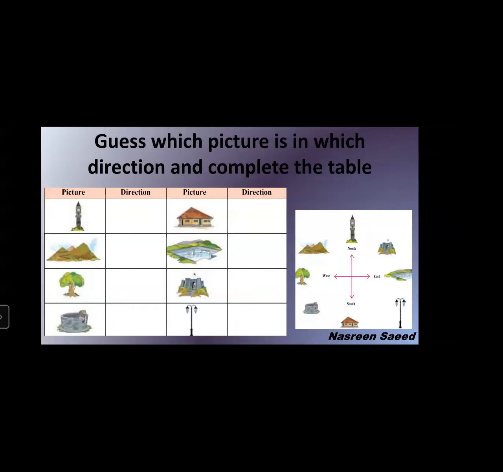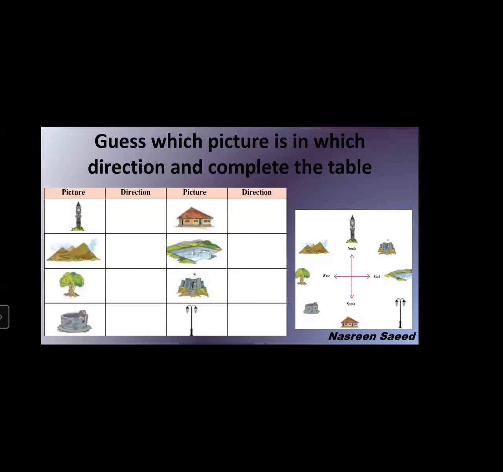In the south there is a house. In the west there is a tree. Between north and east there is a fort. Between east and south there is a street lamp. Between south and west is a well. Between north and west there is a mountain.